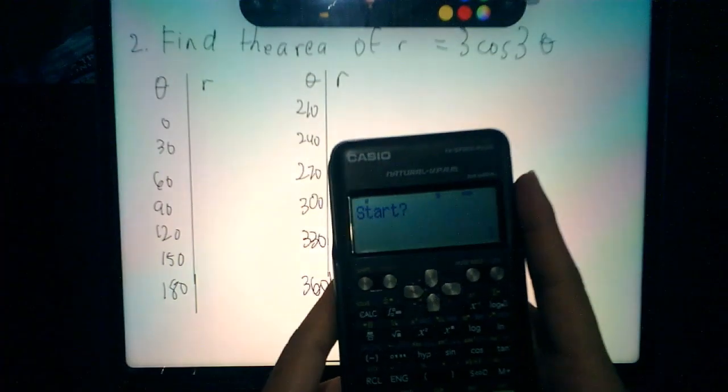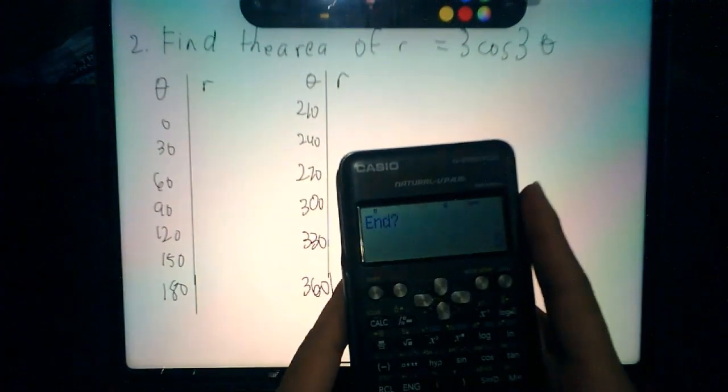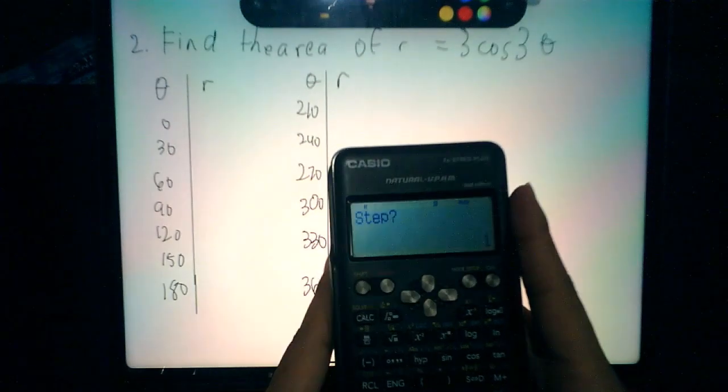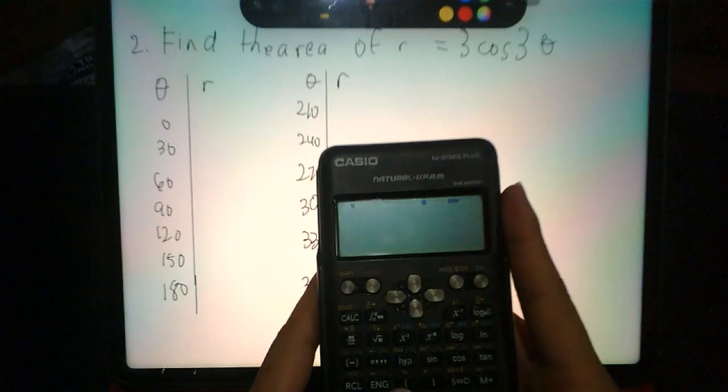Let's start with 0 and we end with 360 and the step is 30.